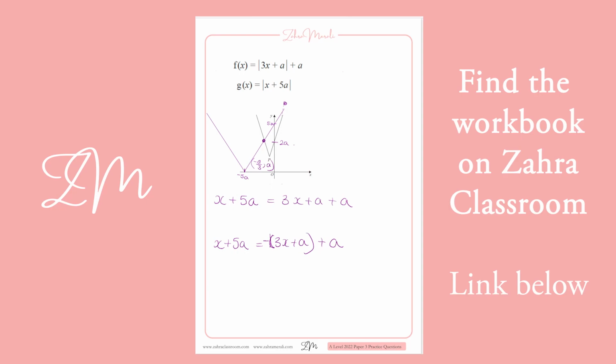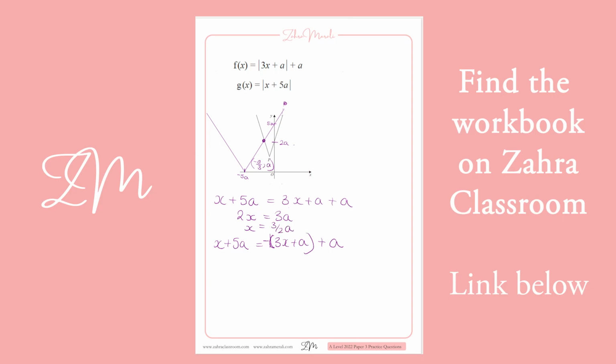So now if we solve this, put all the x's on one side, we're going to end up with 3x minus x, so 2x, and 5a minus 2a, so that's 3a. So we've got 2x equals 3a, sorry, clearly I'm asleep today, so x equals 3 over 2 a.